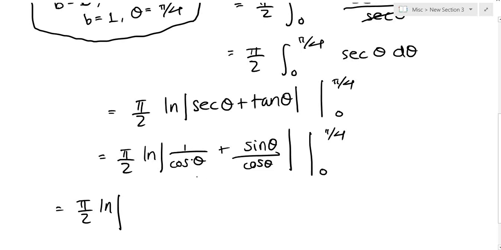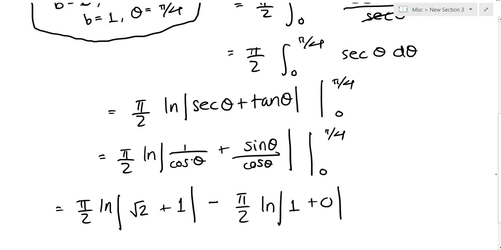So 1 over 1 over square root of 2 is just square root of 2, and tan of pi by 4 is just 1, minus pi over 2 times the natural log of, when I plug in 0, cosine of 0 is 1, 1 over 1 is 1, and sine of 0 is 0, cosine of 0 is 1, so 0 over 1 is just 0.